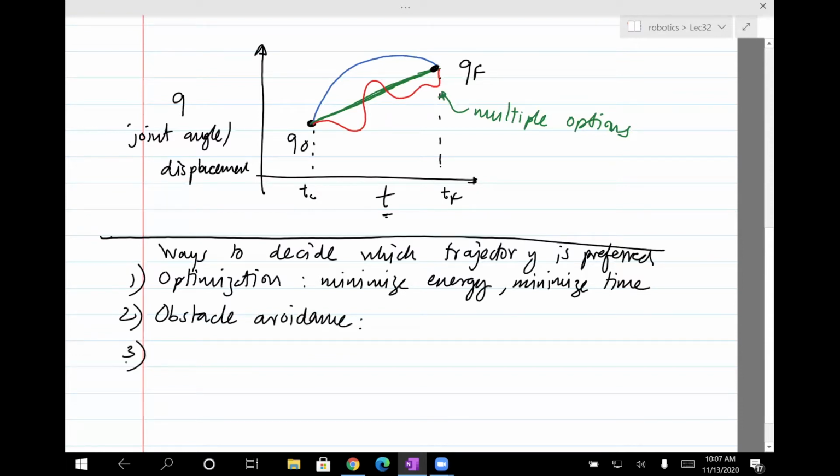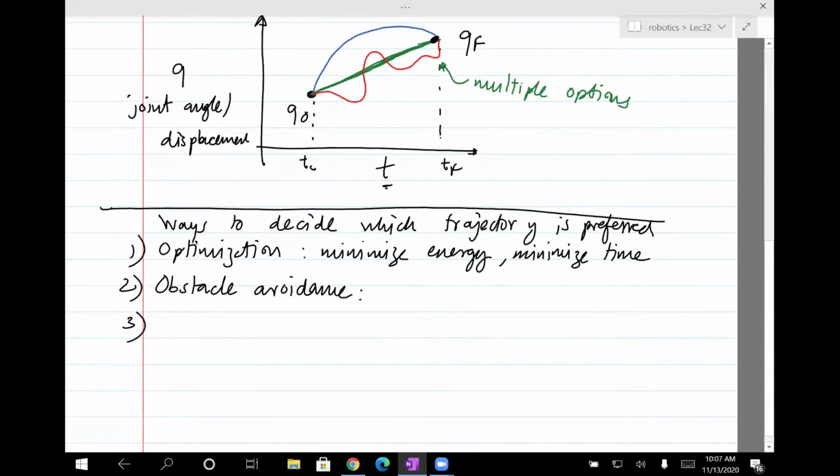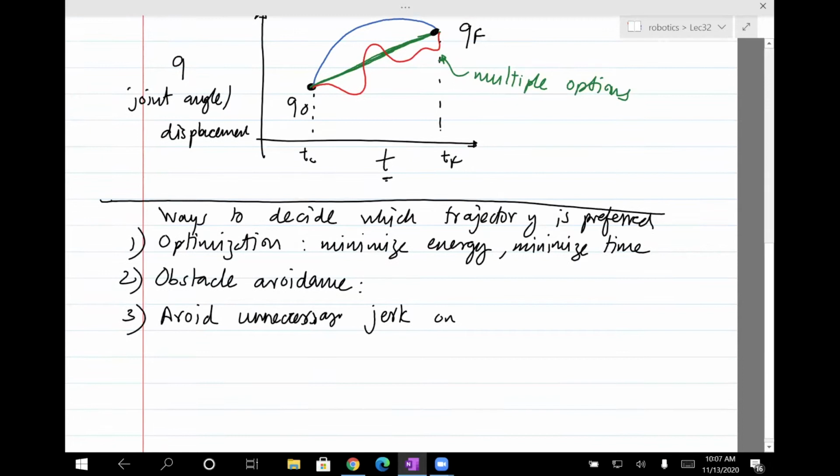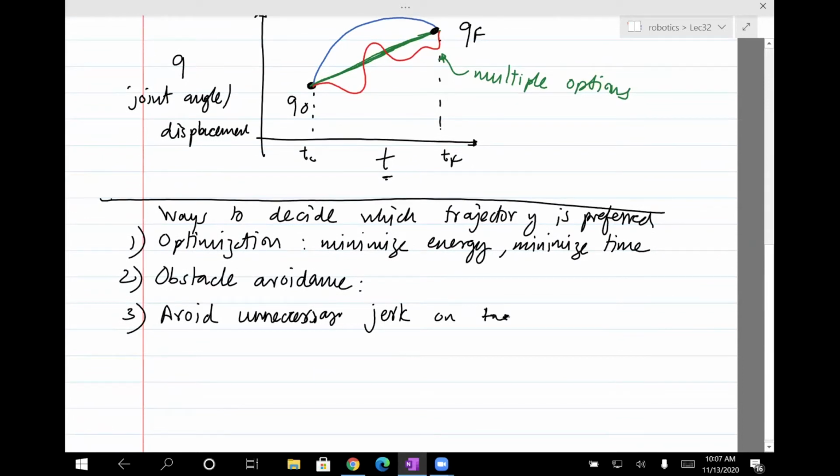And the third one, which is the focus of what I'm going to do, is avoid unnecessary jerks on the manipulator motors.